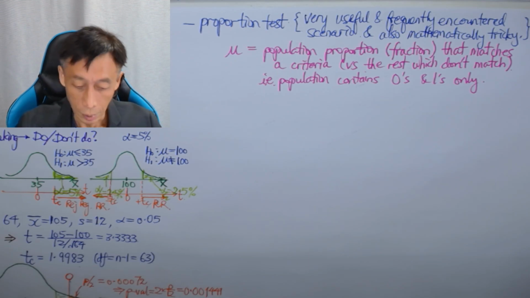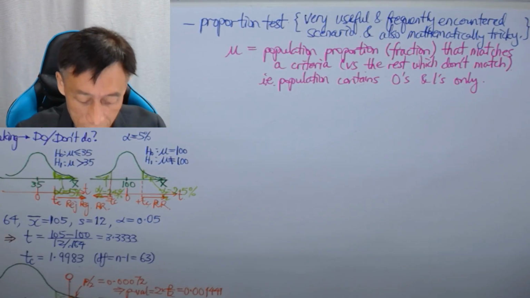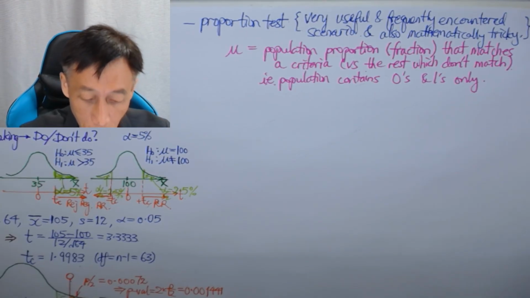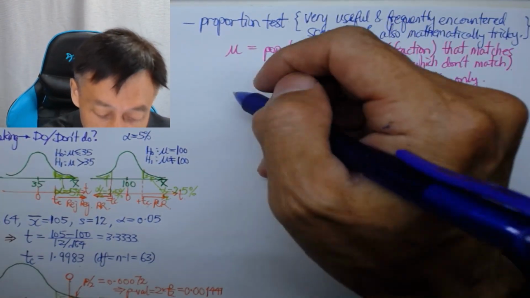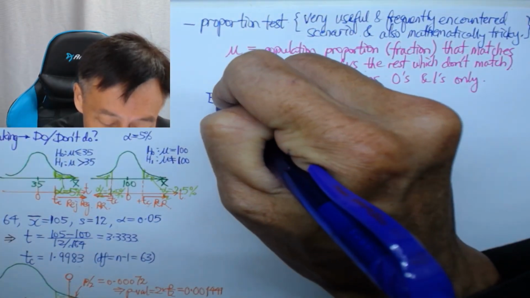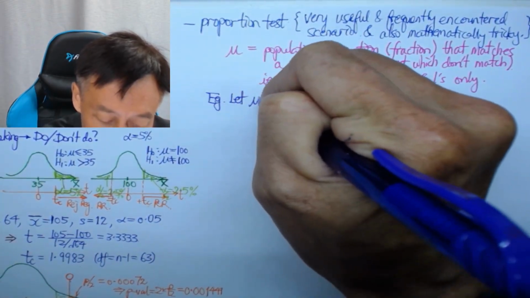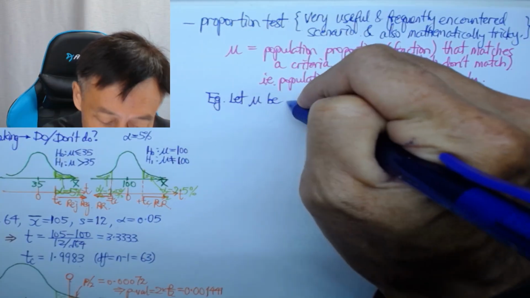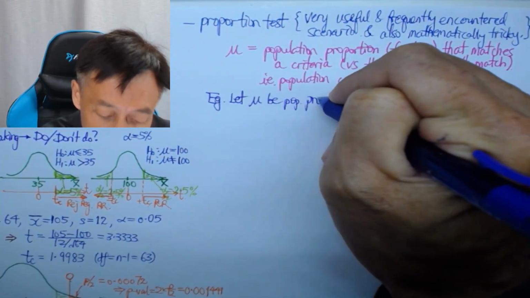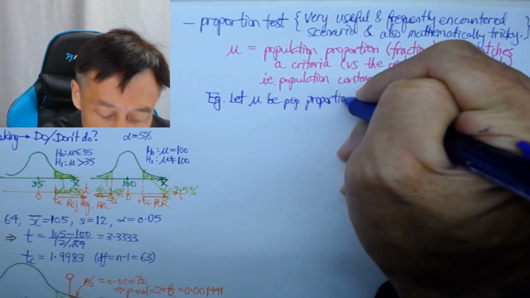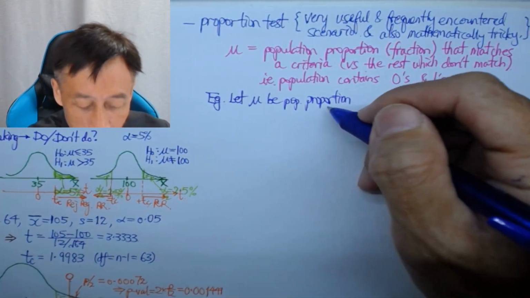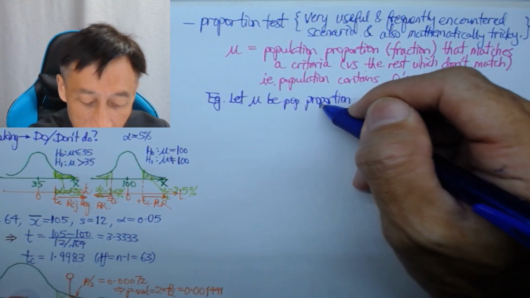Okay, so in our example, maybe we can give a more concrete numerical example. Let mu be the population proportion. If you haven't internalized the word proportion, think of it as fraction, right?